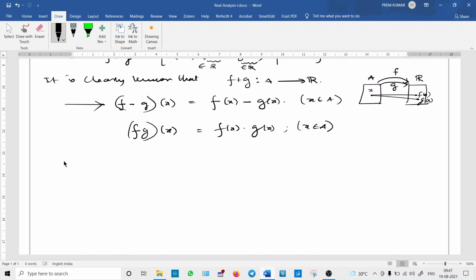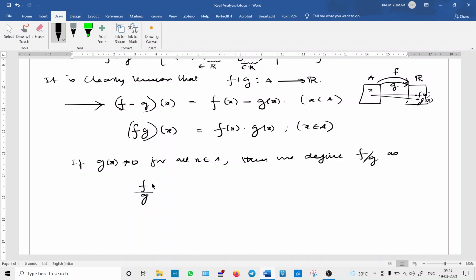So this is a product. And now we are going to define the quotient of two real valued functions. Suppose this g of x is non-zero for all x in A, then we define f by g.